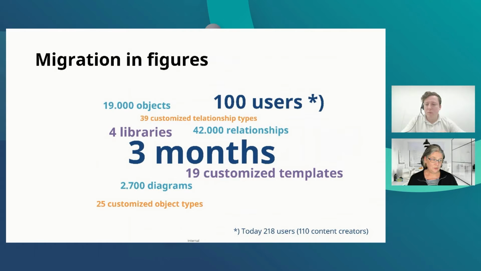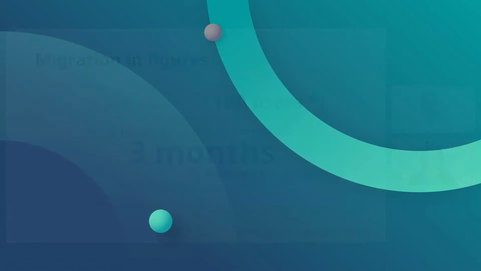Just as a remark, today we have 280 users, and about 110 are content creators at the moment. I think that is in short what our migration was about and why we were going that road.